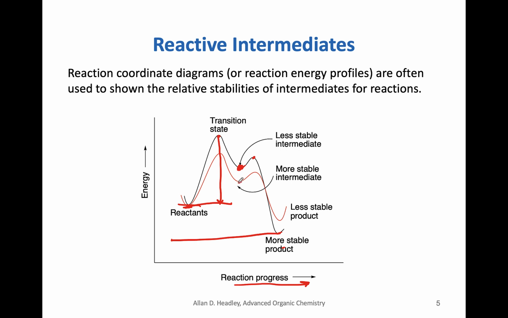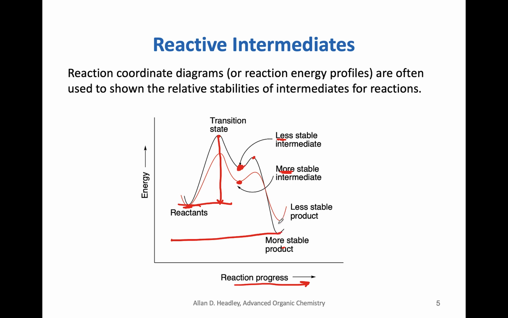As you can see here, this is lower in energy, more stable, and this is higher in energy, less stable. So this would probably represent, if it were an E1 type reaction, a tertiary or more stable carbocation, and this would represent your secondary or less stable carbocation, which goes on to product.